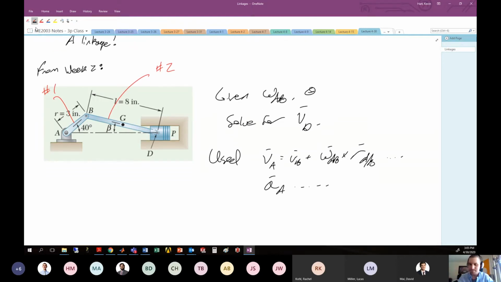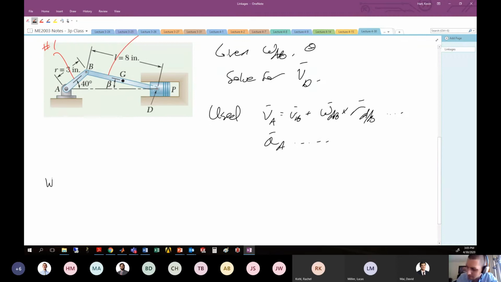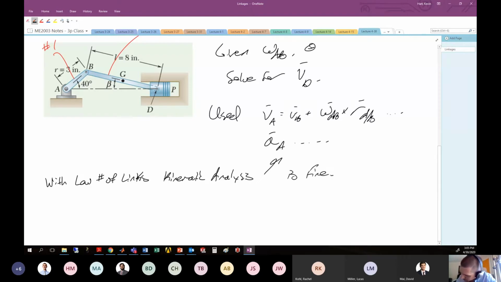So with a low number of links, kinematics is fine. Using those general equations is okay.